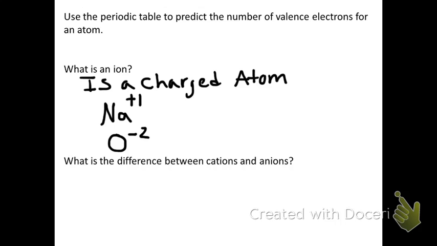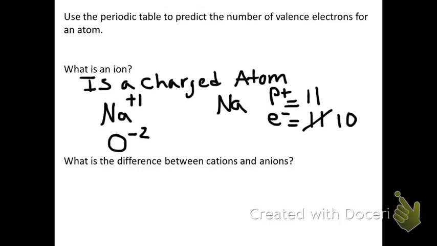So for sodium, for instance, if you look at the atomic number, it will have 11 protons, but because it's neutral, it will also have 11 electrons. However, if you lose one electron, we will have 10 electrons. Okay, so if you subtract the two, you will find that there is one additional proton, or a +1 charge. And so sodium ions would be +1.